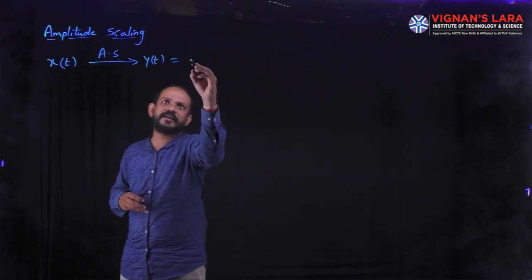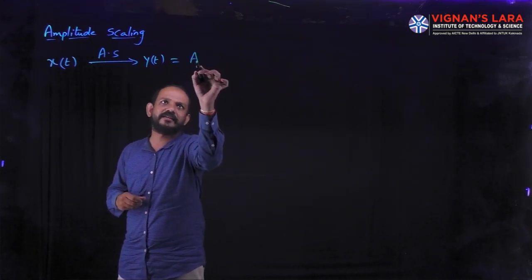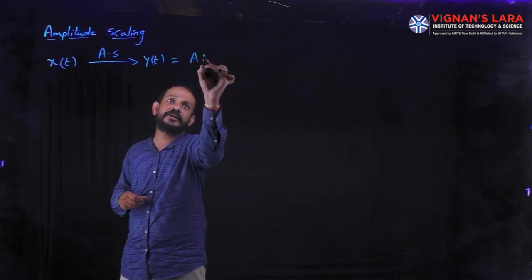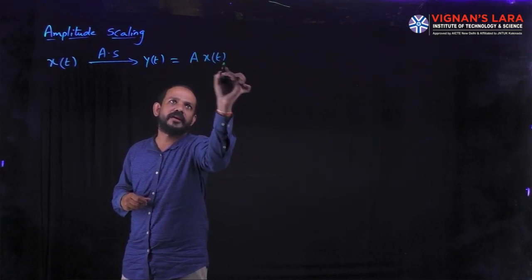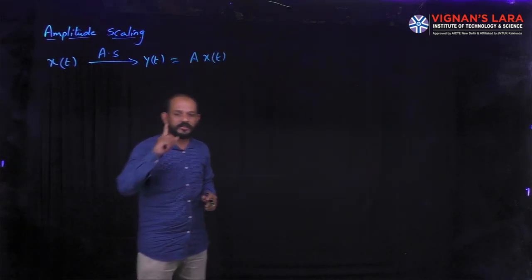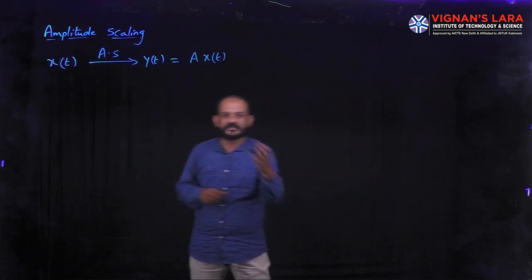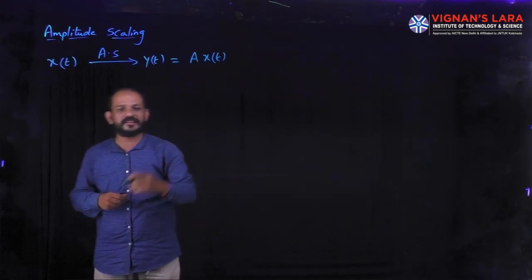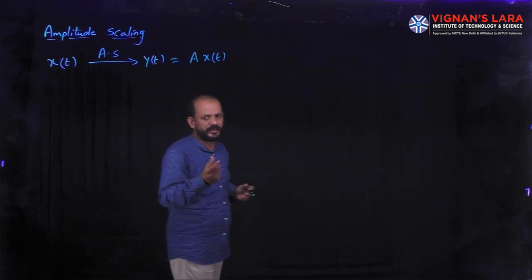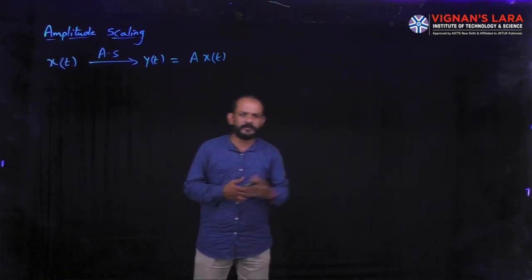So here I am taking the constant as A into x of t. In time scaling I have taken a constant as small a. Just for variation, here I have taken the constant as capital A. Okay, you can take anything. You can take a beta, whatever it may be.